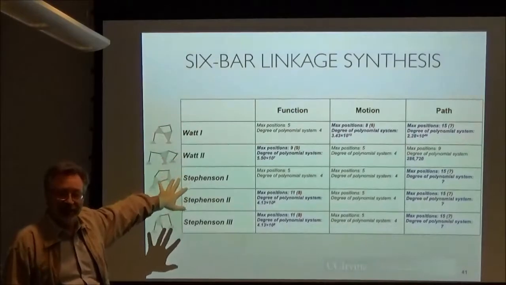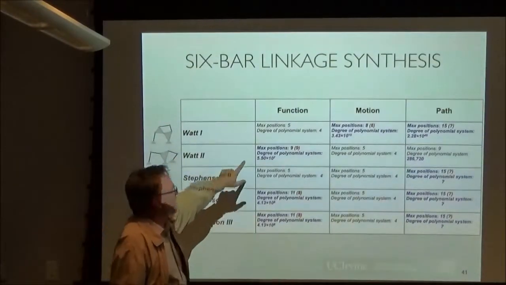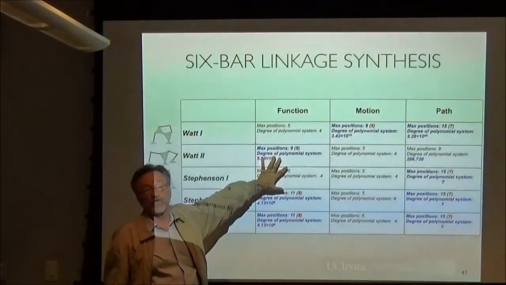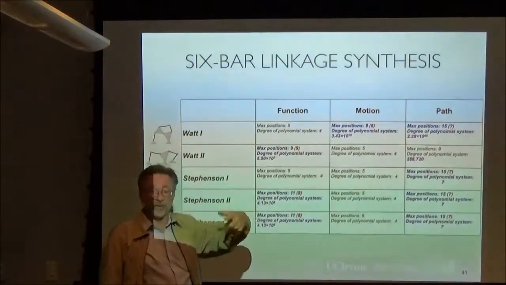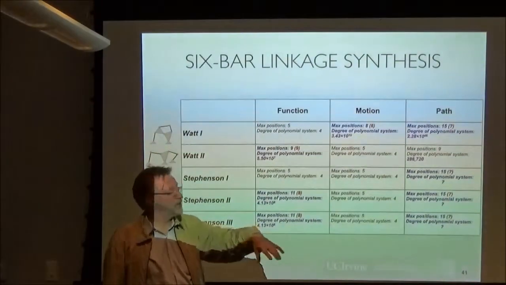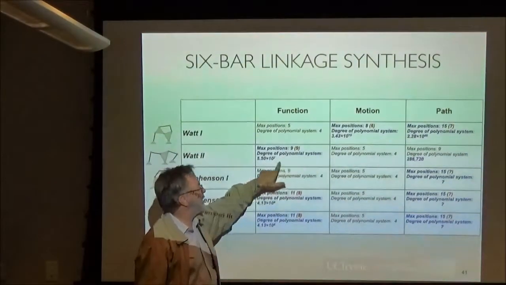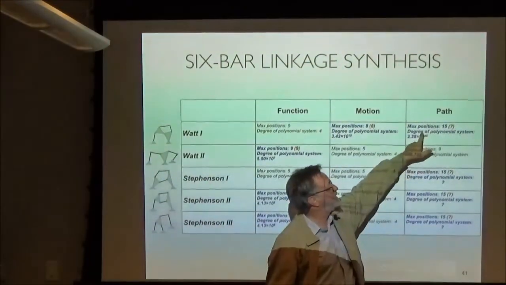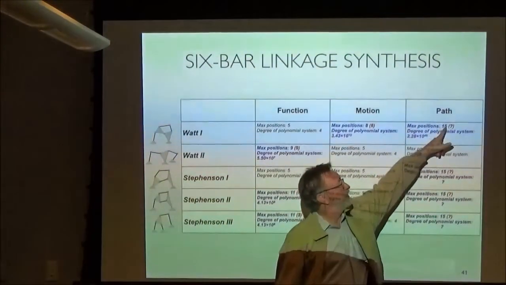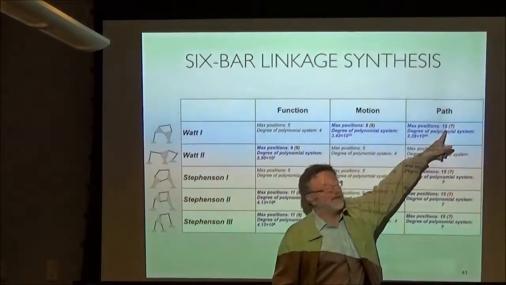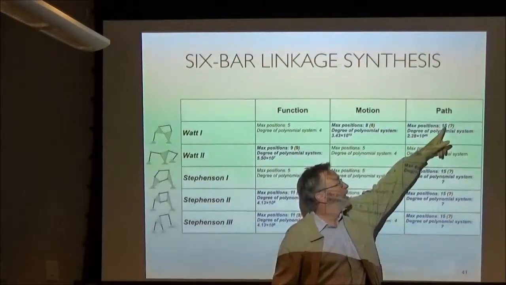The reason I'm bringing this up is that these problems, when you set them out in their most general form and don't simplify them like we're doing by specifying a good chunk of the design with the 3R chain, have some stunning complexity. Here is the path synthesis, and I'm going to go through the equations relatively quickly.